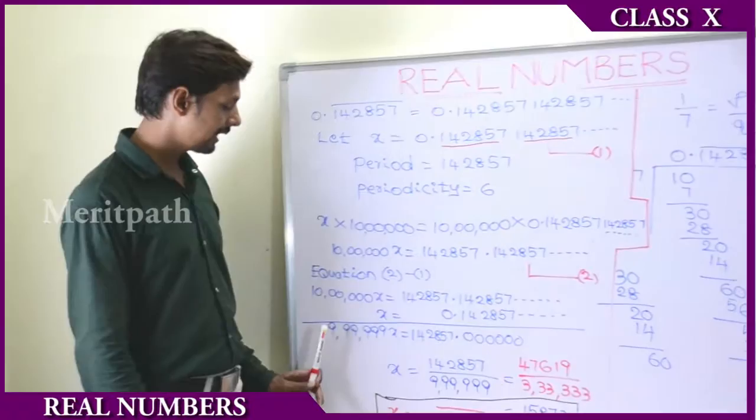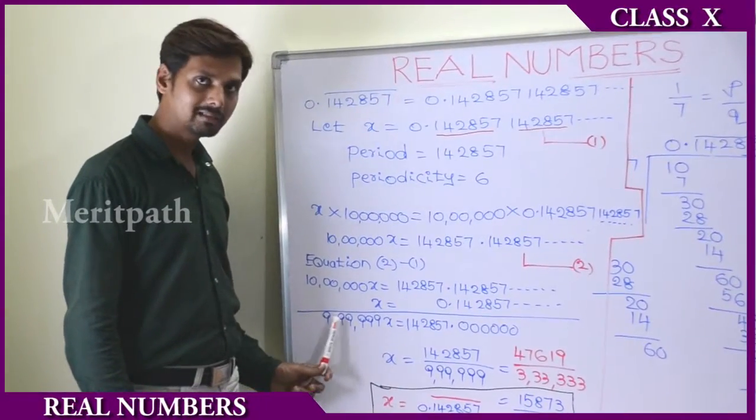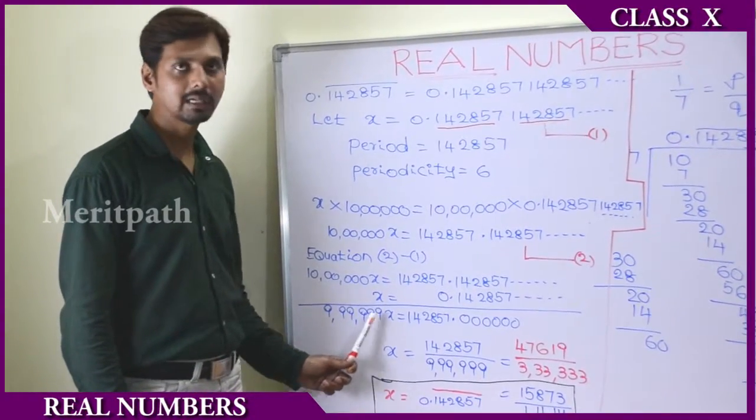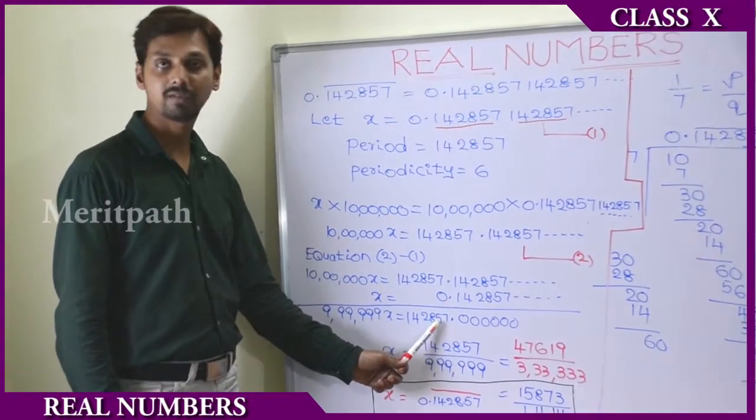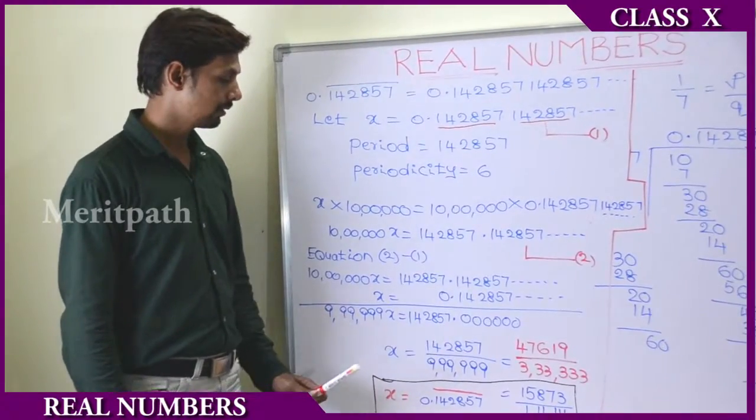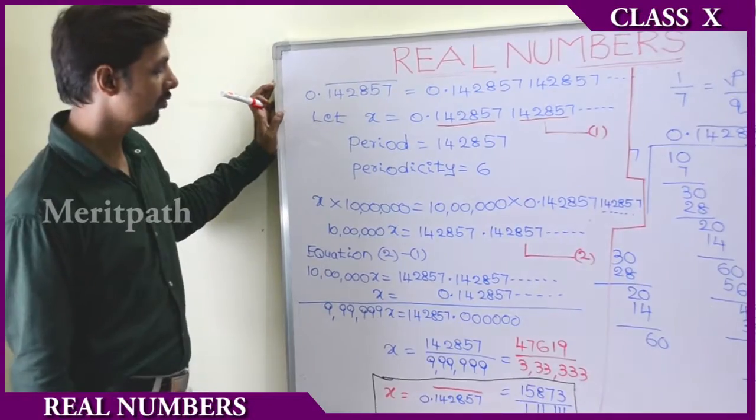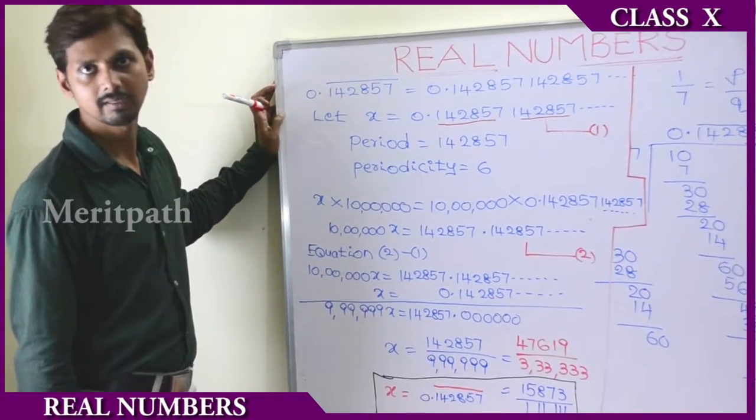Then we get 9,99,999 x is equals to 142,857, that is 1,42,857.